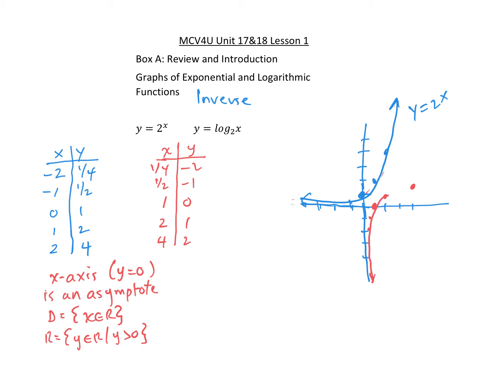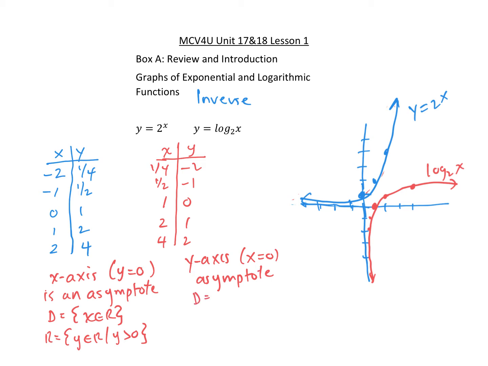So now log base 2 of x is going to approach the y-axis. So in this graph, the y-axis is the asymptote, and it will approach the y-axis to negative infinity.